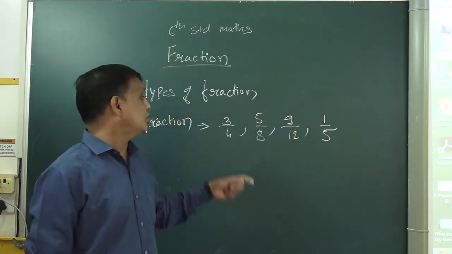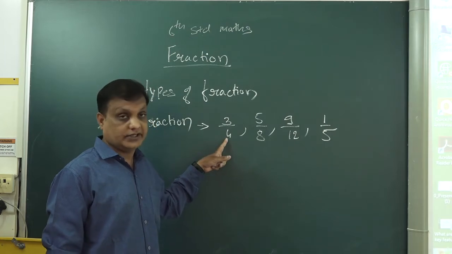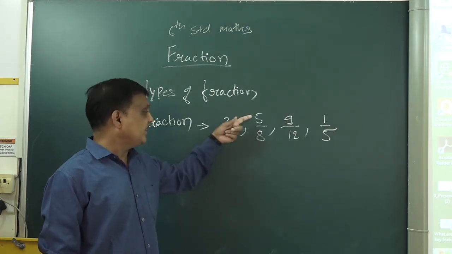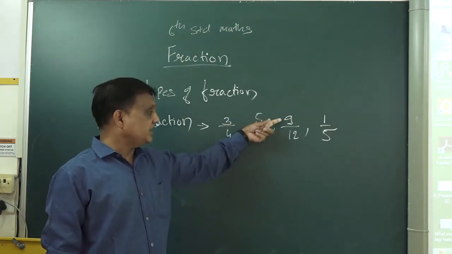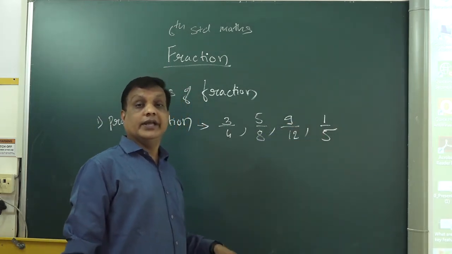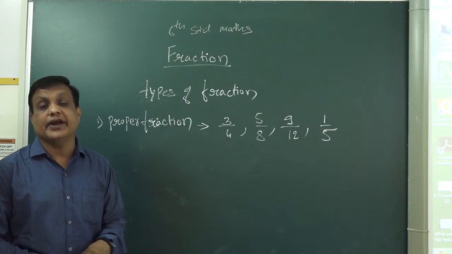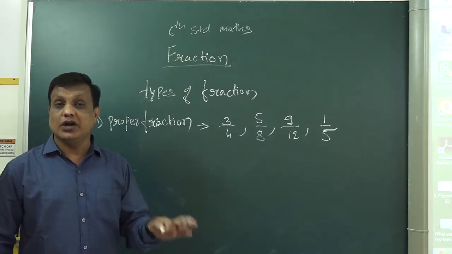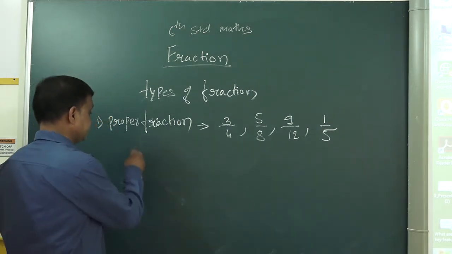The numerator is always smaller than the denominator. This 3 is smaller than 4, 5 is smaller than 8, 9 is smaller than 12 and 1 is smaller than 5. So, in a proper fraction, the numerator is smaller than the denominator.